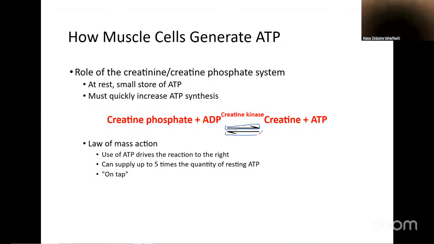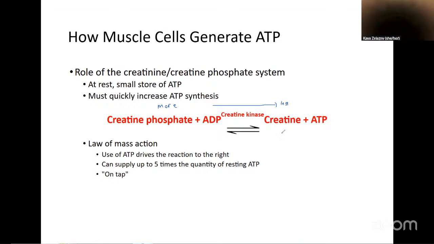What we're going to see when we use the system is that this is going to operate by the law of mass action. Basically, whichever side is bigger, either this left side or this right side, we're going to go from the side where we have more of our reactants towards the side where we have less.